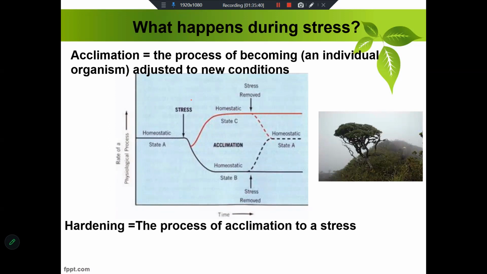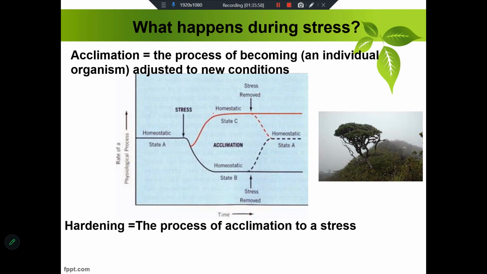For example, with salt tolerance, we can make some individuals more tolerant to salt. The original homeostatic state is somewhere below, and the new one is somewhere above.